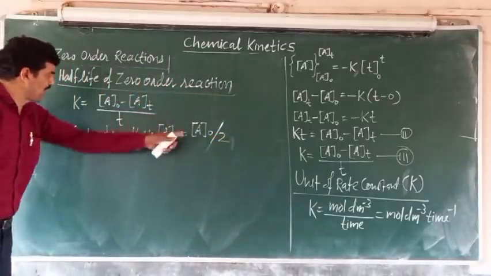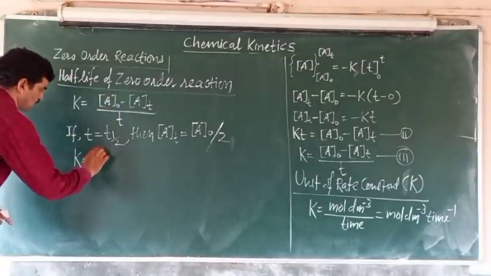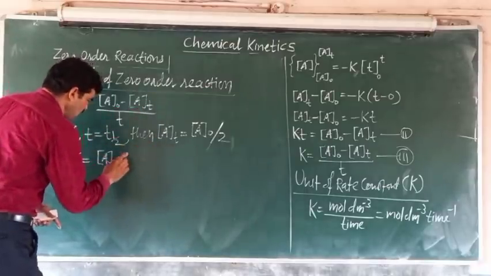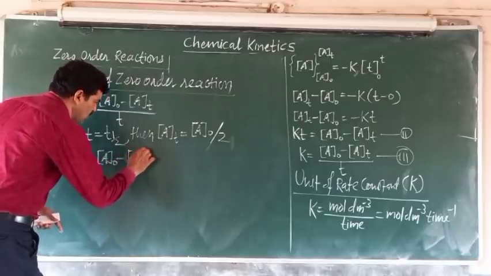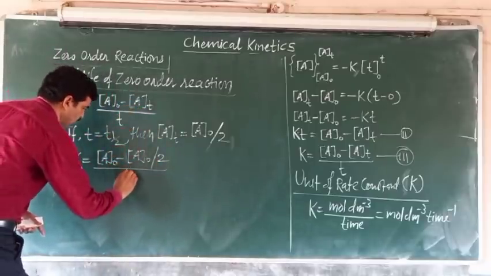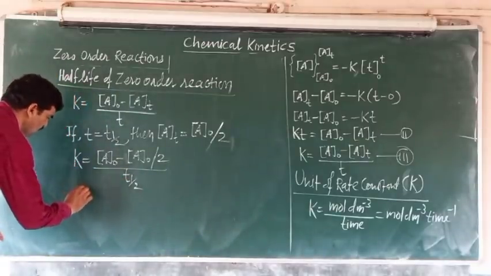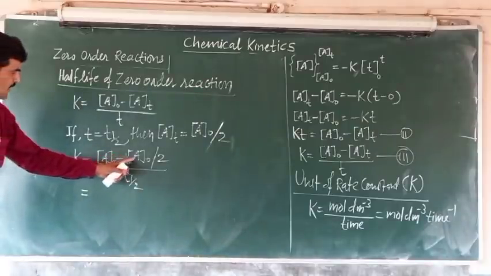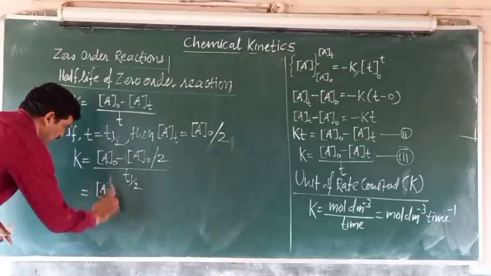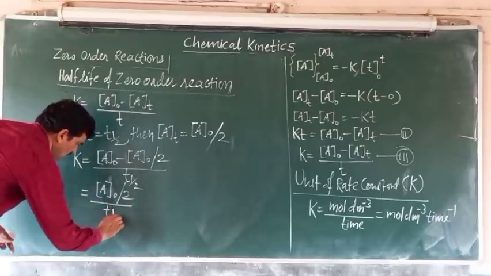When we put these two values in the rate law of the zero order reaction, K equal to A0 minus At, which is A0 by 2, upon time, where time becomes equal to the half-life. Therefore, K equal to A0 minus A0 by 2, which is nothing but A0 by 2, upon t half.